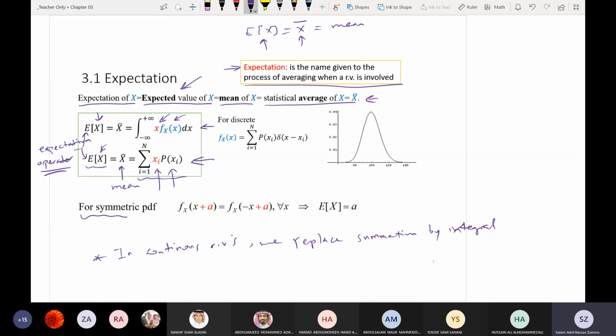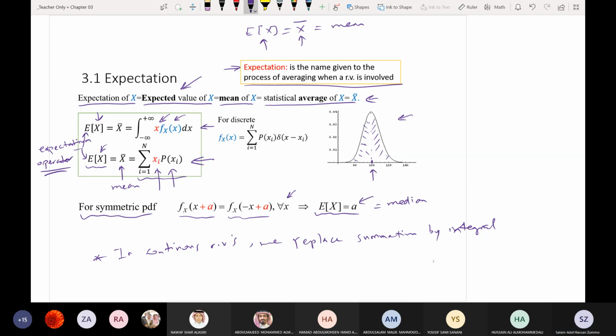Now for symmetric PDFs, symmetric means like this: around a certain number, the shape to the right of it is the same as the shape to the left of it. So basically f x plus a equals f of minus x plus a for all values of x, around a. In this case, the expected value is a, and it is also equal to the median.